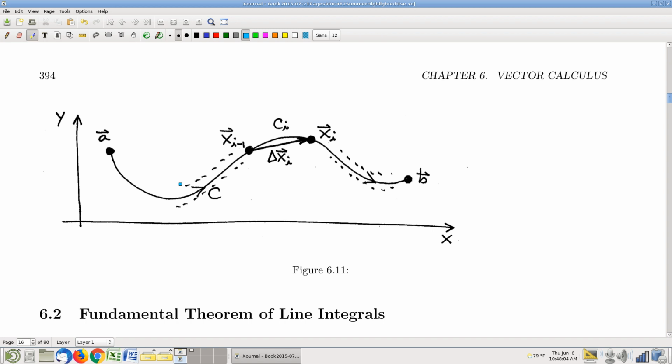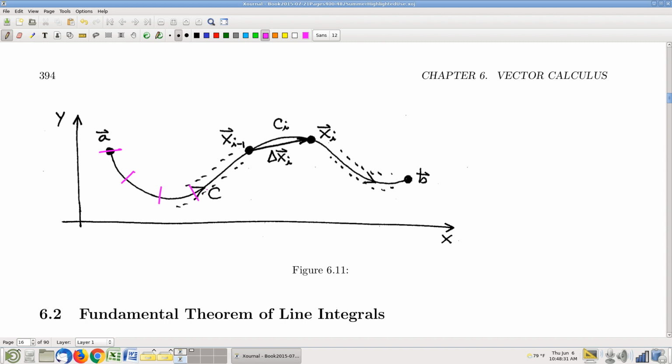And I'm going to do this from the picture for sort of convenience. Here's our curve, oriented curve, that is. I'm going to chop this thing up into little pieces, and proceed as we did previously.